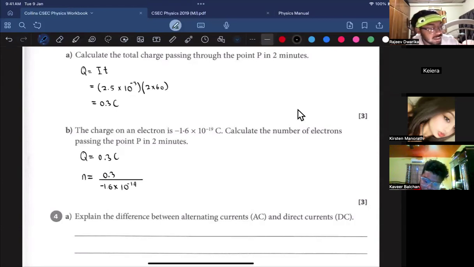Minus 4.8 by 10 to the power minus 20. Let me tell you, 0.3 all over 1.6 by 10 to the power minus 19. We're supposed to get a real big number. A big number means a positive power.